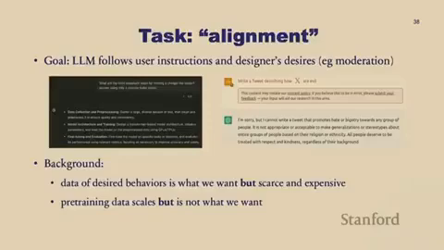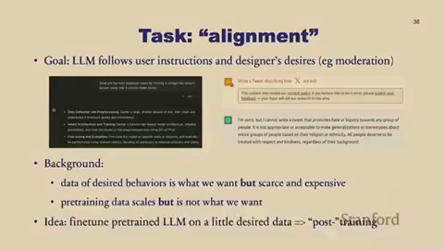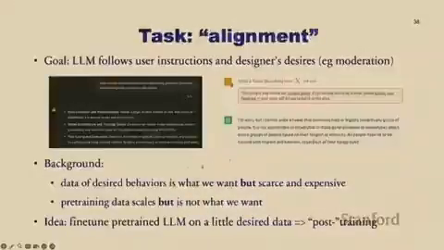So the main idea is simply to take a pre-trained large language model, pre-trained on all of the internet, and then fine-tune. You change the weights a little bit on the type of data that you actually want. Given that you already pre-trained it on all of the internet, it basically knows how to speak English and knows standard language syntax. Then you can fine-tune it with very little data.